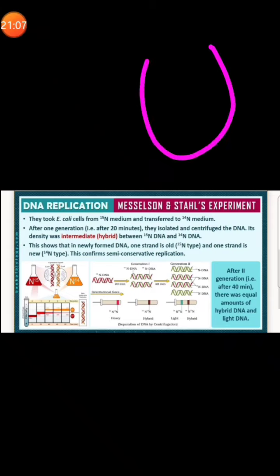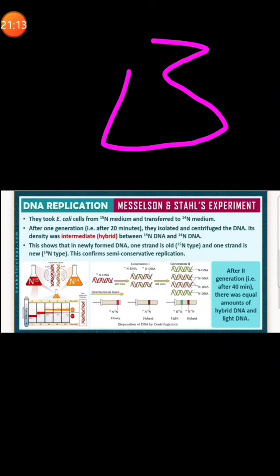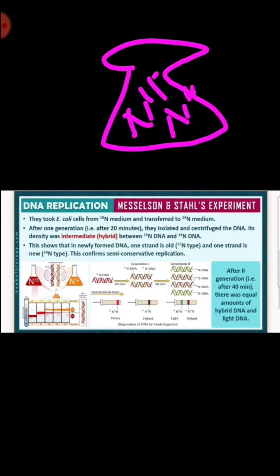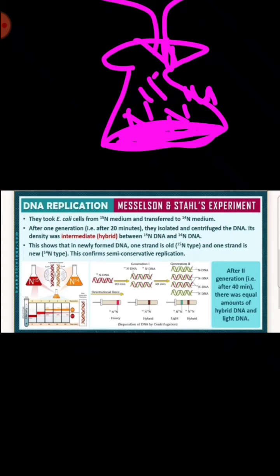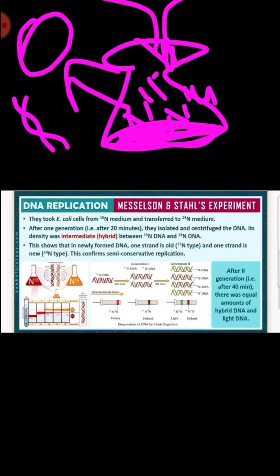This mixed culture will have N15 and N14, so both will be present in this bacteria. They just wanted to know how N15 will come from one parent and N14 from the other parent.